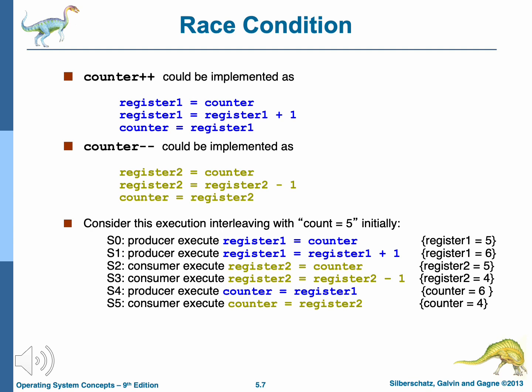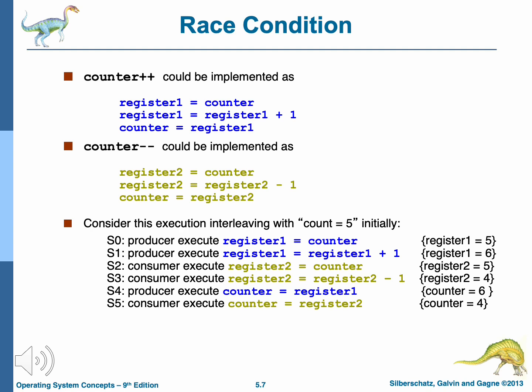Although the producer and consumer routines shown here are correct separately, they may not function correctly when executed concurrently. As an illustration, suppose that the value of the variable counter is currently 5 and the producer and consumer processes concurrently execute the statements counter++ and counter--.